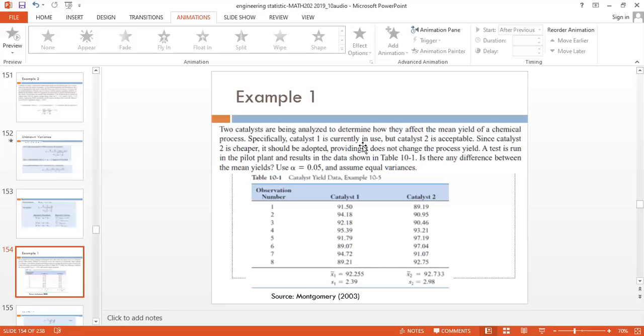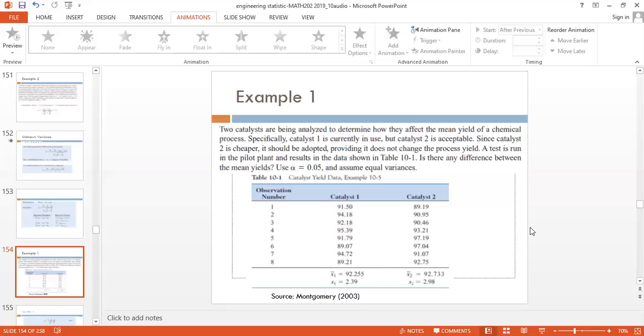But catalyst 2 is acceptable. Since catalyst 2 is cheaper, it should be adopted, providing it does not change the process yield. A test is run in a pilot plant and the results are shown in this table. Is there any difference between the mean yield?